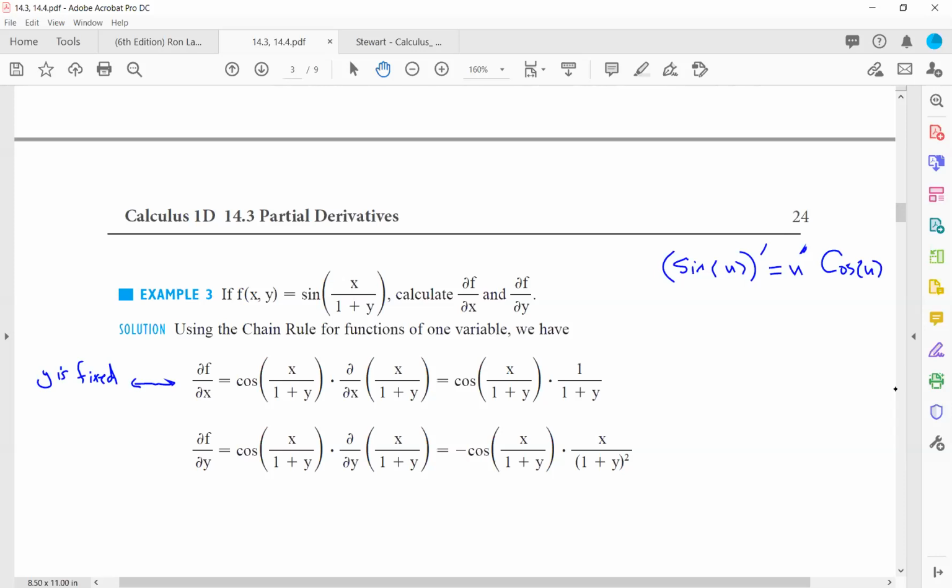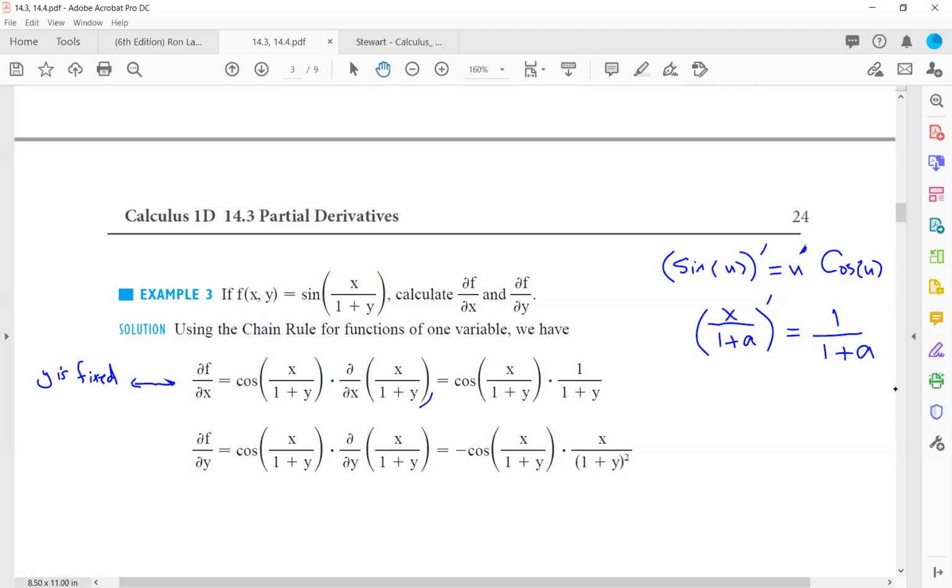So you're not worried about your denominator. It's like taking the derivative of x divided by 1 plus a. The derivative is equal to 1 over 1 plus a, because y is just a constant.